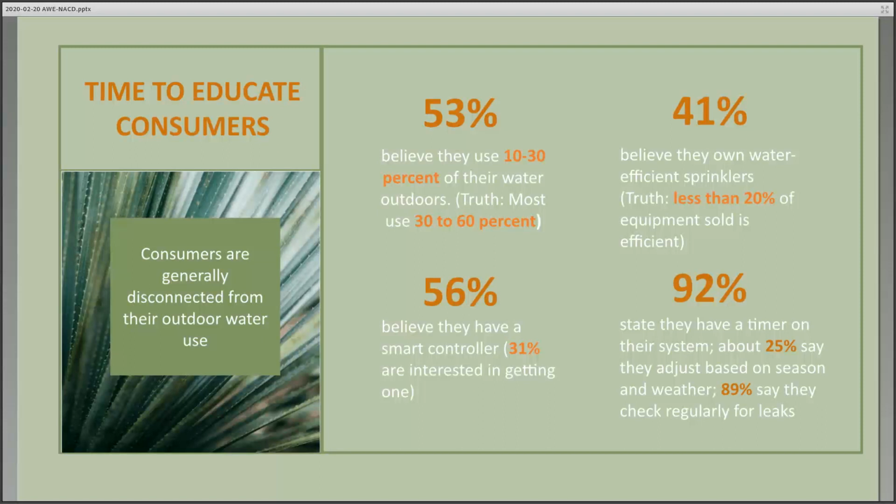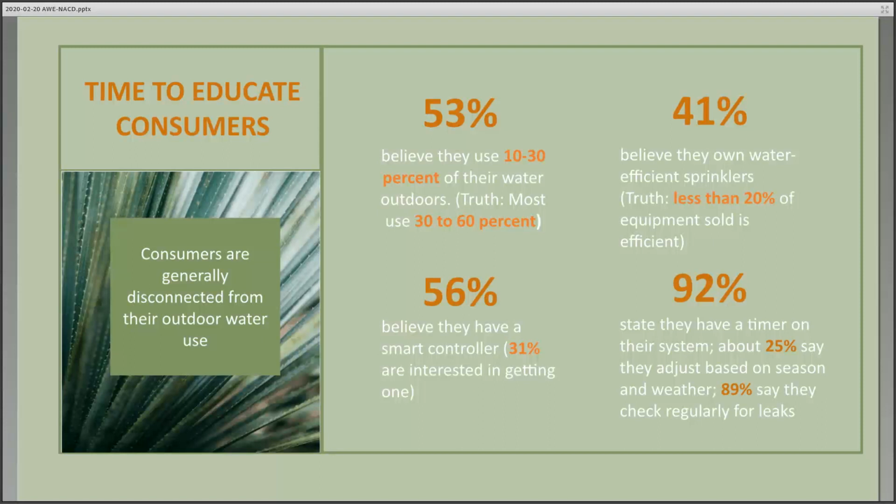We also saw some misperceptions about the efficiency of the sprinklers that they own, and then whether or not they have a smart controller. And if they do have an irrigation system with a timer, which 92% said they had, only 25% said they adjusted it based on season and weather, which means, 25% isn't a lot.